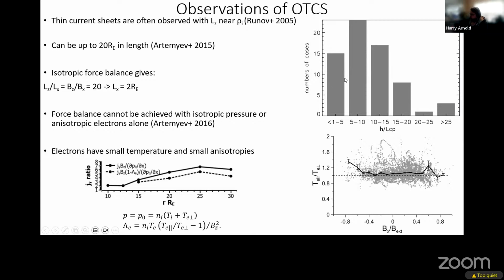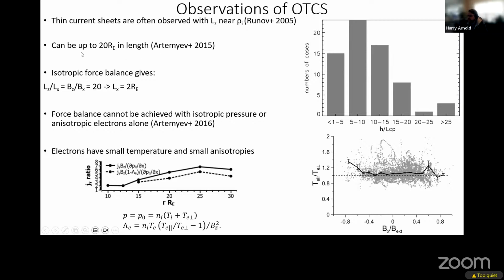So basically, to get an ion scale thin current sheet, you really want to be in one of these 2 left columns, certainly the left one, maybe also this middle one. And so you get, not all current sheets, of course, are these overstretched ion thin current sheets, but a significant fraction of them are. So they do exist, and there's a lot of them.